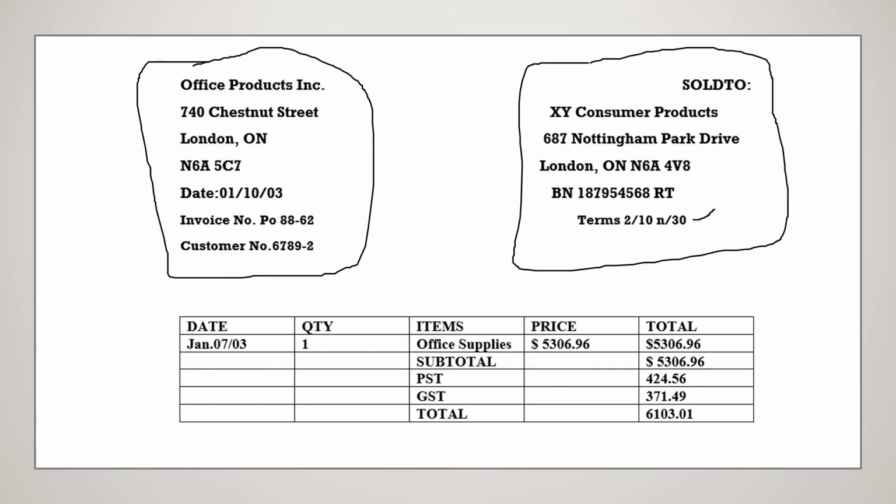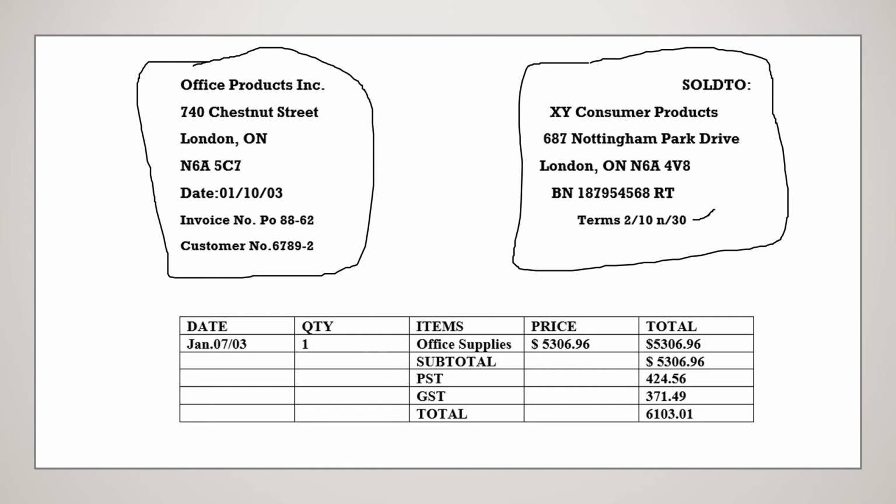So let's see, what did they buy and when? They bought an item of office supply on January 7th of 2003, and the quantity that they bought was 1, and the unit price is 5,306.96.